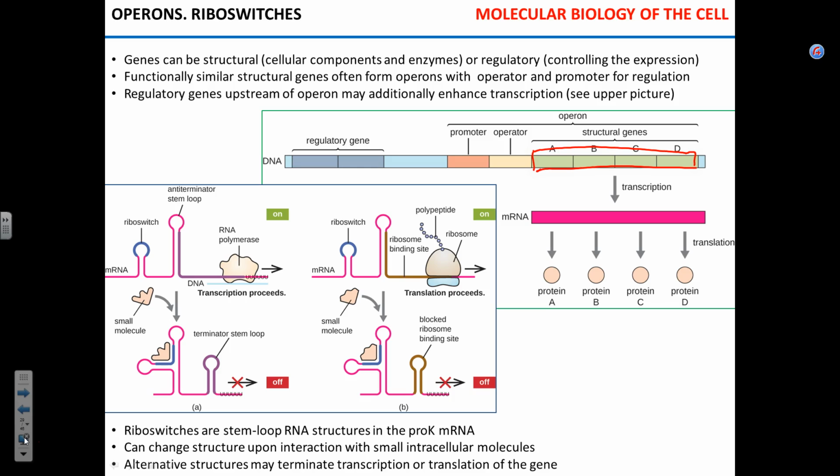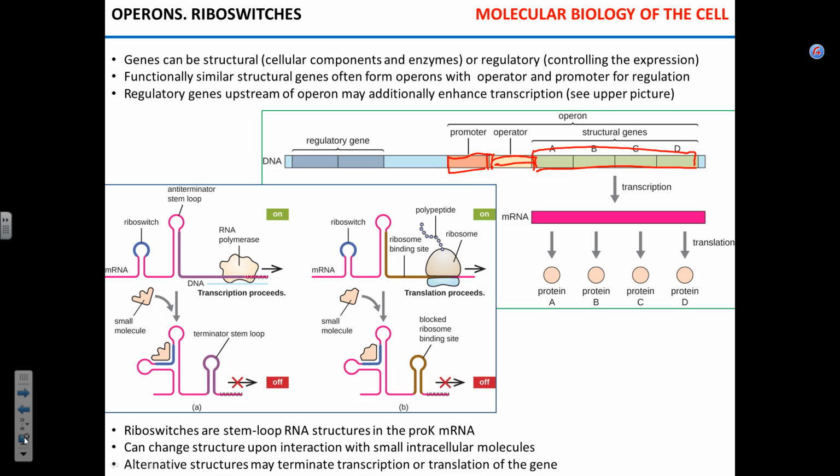Upstream of the structural genes is the so-called operator sequence that regulates whether structural genes are going to be expressed or not. And upstream of the operator is the promoter, the site for recognition by RNA polymerase, right? Because that's where transcription starts.